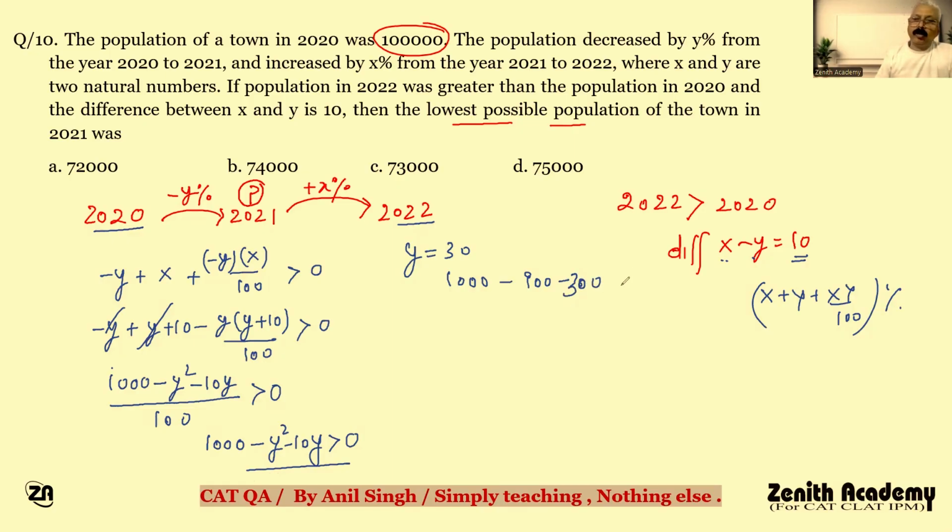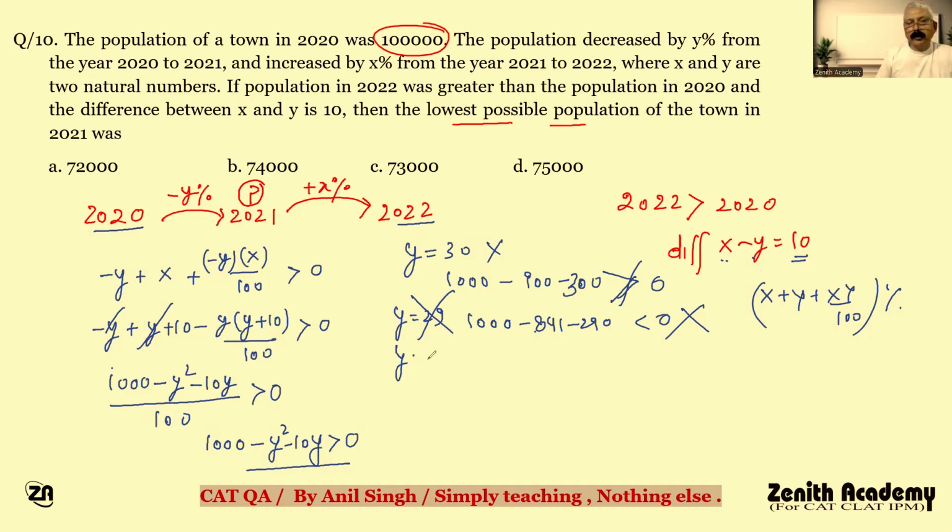So definitely it cannot be greater than 0. So the inequality will not be satisfied for Y equal to 30. If you take Y equal to 29, then 1000 minus 841, and this is 290, and this is going to be greater than 1000. So again this will be less than 0. So the inequality will not be satisfied for Y equal to 29.